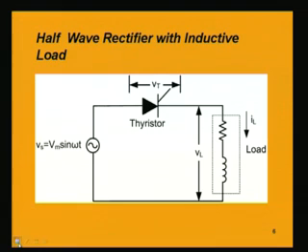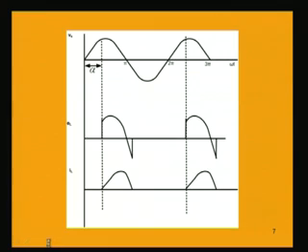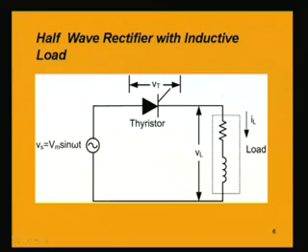So, if we plot these waveforms in this circuit, again this Vt and Vl and Vs, Vs is the same sinusoidal waveform, and the output voltage across this inductive load is equal to the voltage at the input.